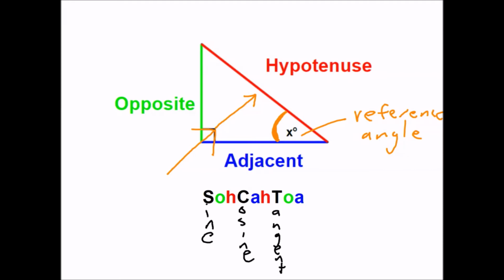In terms of this diagram, the opposite would be green, because it's opposite that reference angle x degrees. The adjacent side is not the hypotenuse, it's the other side that helps make that reference angle. So this blue side would be the adjacent side to x. And then the hypotenuse is always the hypotenuse.